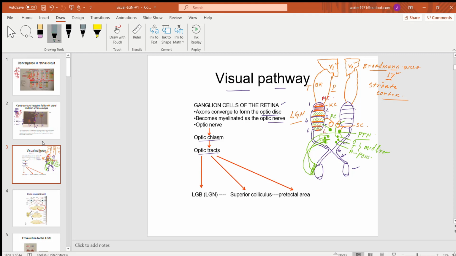From the pretectal nucleus, that means from here, the signal goes to the Edinger-Westphal nucleus. Here some crossover takes place, right? So that's why if I stimulate one eye, the other eye responds the same way. Okay, so crossover.